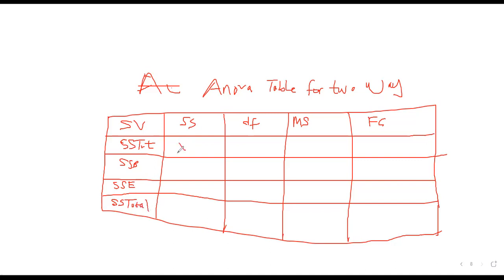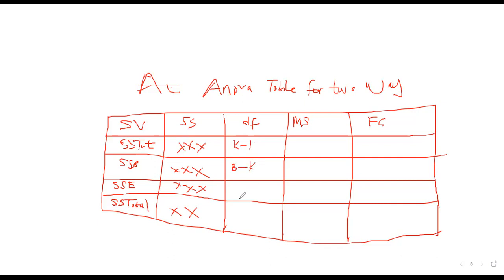So here you can put the figures based on the formulas that are there. All right, so even here we can put the figures based on what we have. The degree of freedom is k minus 1. Then this one is b minus 1.